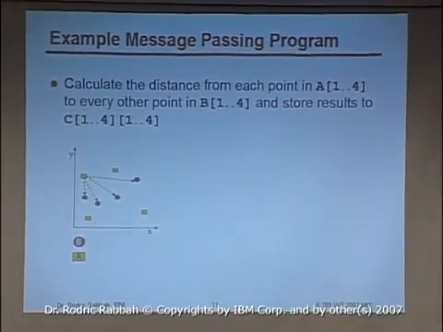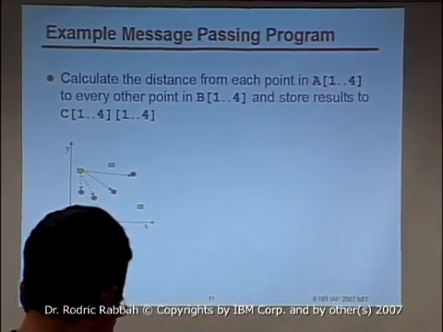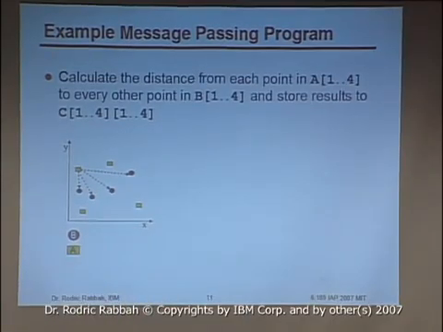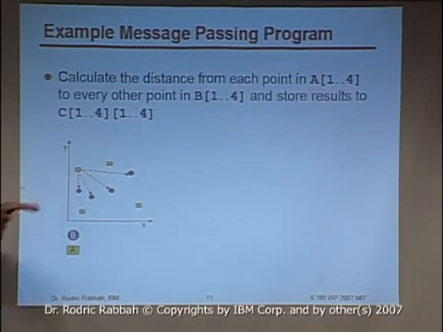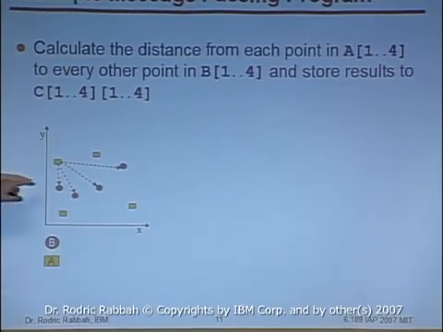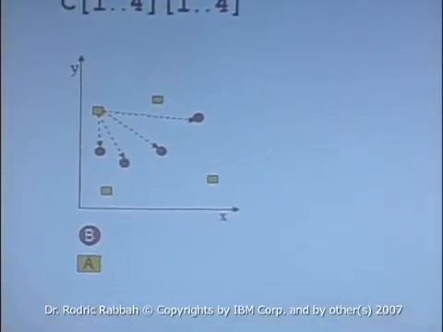So here is an example of a message passing program, and if you've started to look at the lab, you'll see that this is where the lab came from, it's the same idea. Here I have some two-dimensional space, and I have points in this space. I have points B, which are these blue circles, and I have points A, which I've represented as these yellow or golden squares.